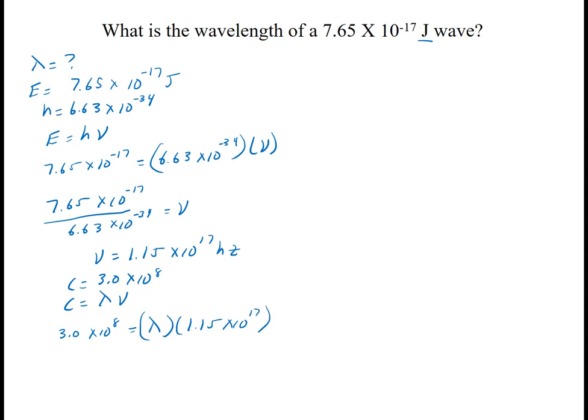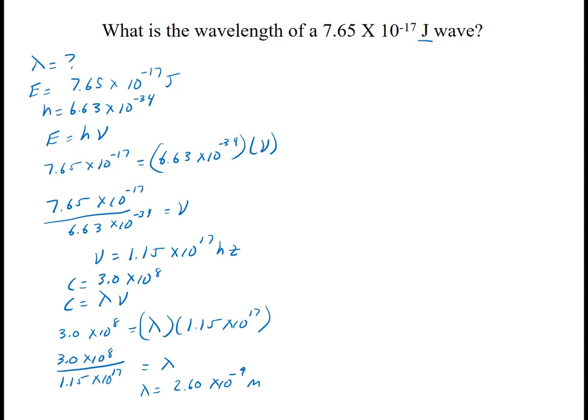Divide both sides by that 1.15, so I have 3.0 times 10 to the 8th divided by 1.15 times 10 to the 17th is equal to lambda. And so lambda ends up being 2.60 times 10 to the minus 9th meters. And it doesn't specify the units, so you can leave it in meters.